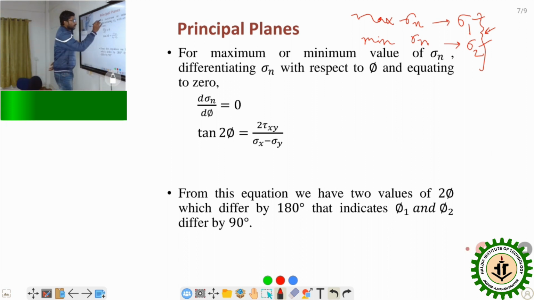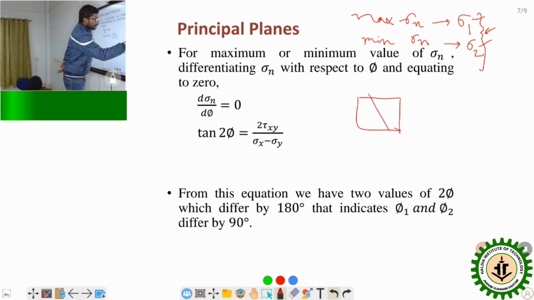First of all, for minimum and maximum value of sigma n, we can differentiate sigma n with respect to phi, because for any inclined plane this phi is variable. So there are various values of phi. If we take another plane, there is another value of phi.